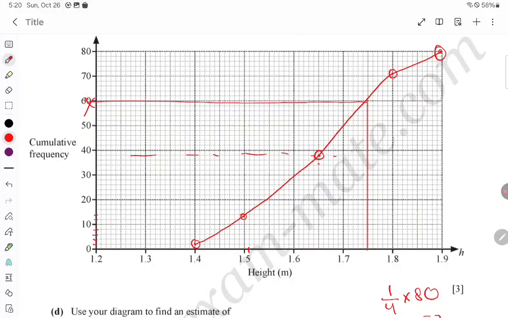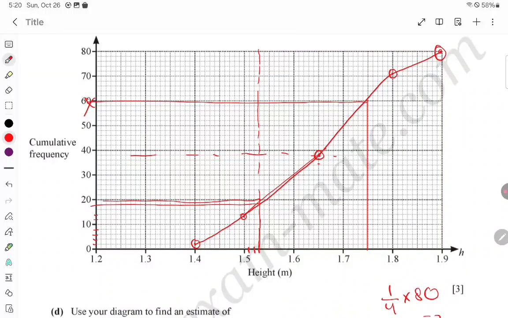1.5, 1.51, 1.52, 1.53. We can consider it if this graph is slightly straight.